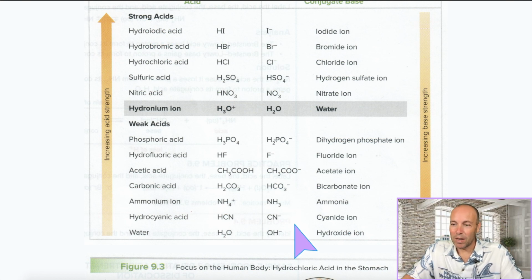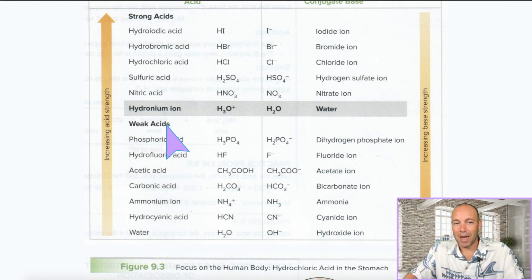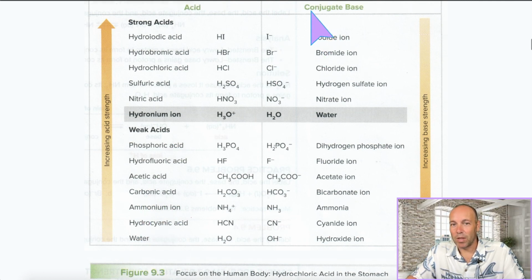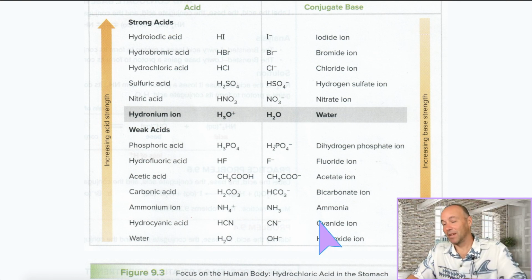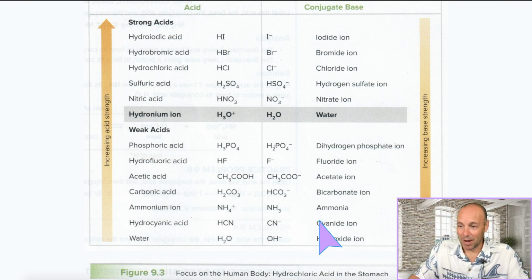If you want a reaction that doesn't really proceed, take an acid that doesn't really want to give up its proton, a weak acid, and match that up with a conjugate base that doesn't really want to accept the proton. So take a pair from this part right here. So hydroiodic acid reacting with hydroxide or cyanide, that reaction would go all the way to products probably.